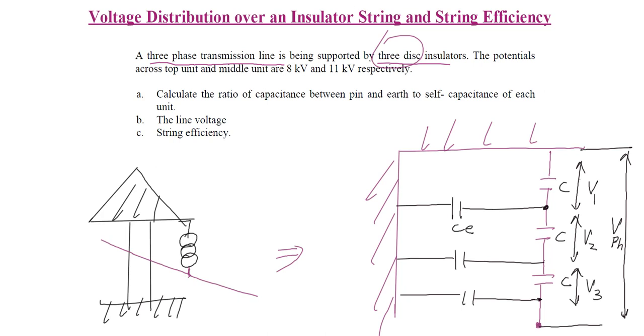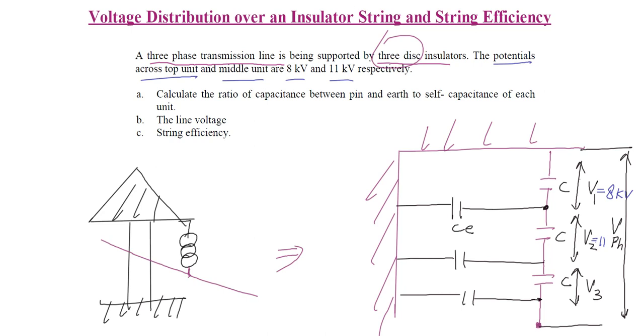Okay. Now in the statement, it is given that the potential across the top unit and the middle unit are 8 and 11 kilovolt respectively, which means the top unit has a voltage of 8 kilovolt, and the middle unit has a voltage of 11 kilovolt.